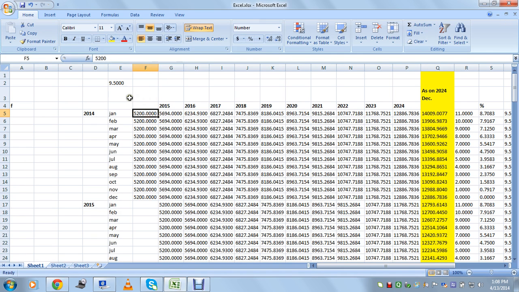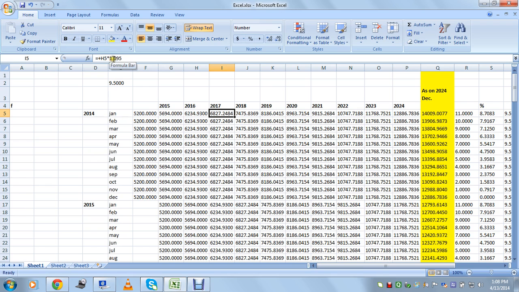So what this cell indicates is that if you make an investment of 5,200 in January 2014, it becomes 5,694 by January of the next year, and it progresses each January.